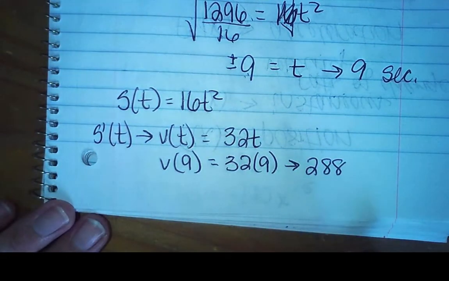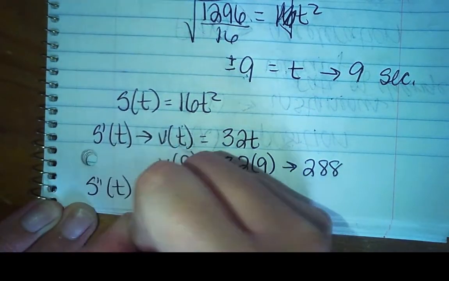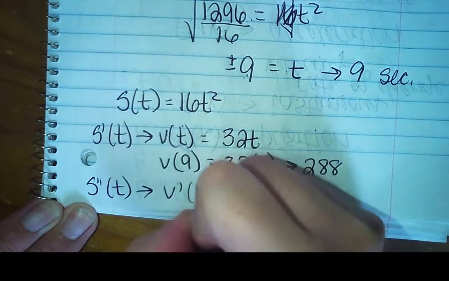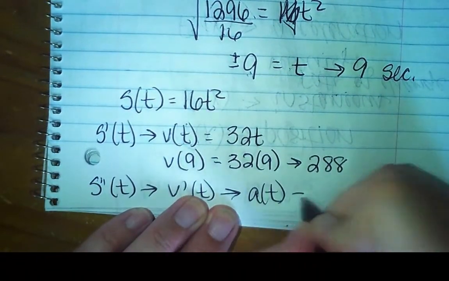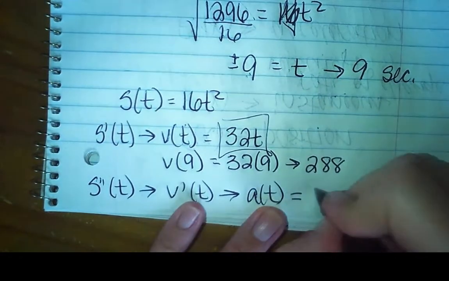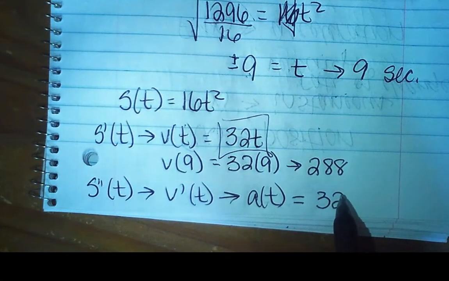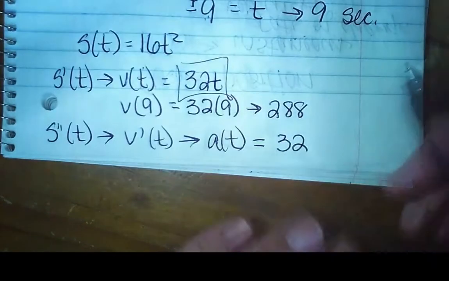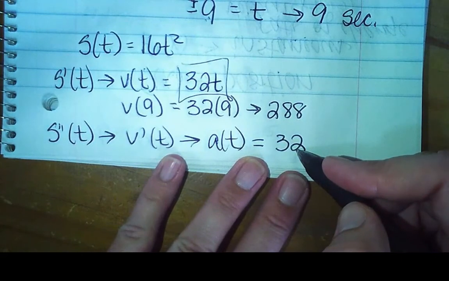Now the last question says, what's its acceleration? The acceleration is the second derivative of your position function, which is also the first derivative of your velocity. Well, what's the derivative of 32t? It's just 32. There's no variable, so you have a constant acceleration of 32 feet per second per second.